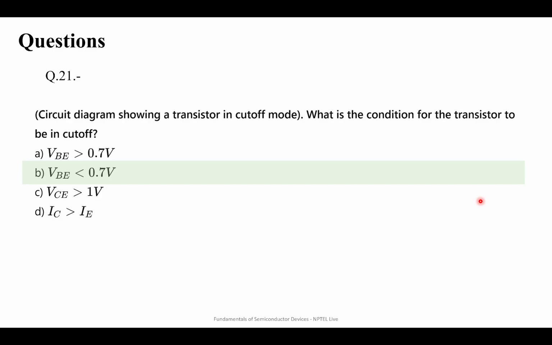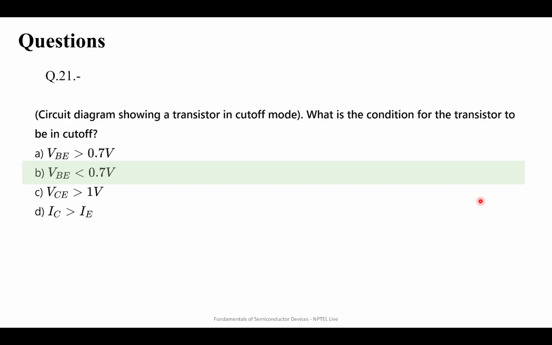So similarly, in this case, your base emitter. You want current conduction through your base emitter junction. For that, your VB should be greater than 0.7 volts. Otherwise, you won't have any conduction and your device will be in the cutoff region. So if you have a silicon BJT, you need VB greater than 0.7 volts to have current conduction through your base emitter junction.